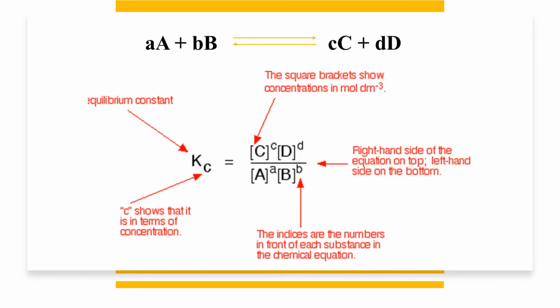The indices a, b, c, d are the numbers in front of each substance in the chemical equation. Kc, the c in this expression shows the concentration, which means that equilibrium constant is shown in terms of concentration.